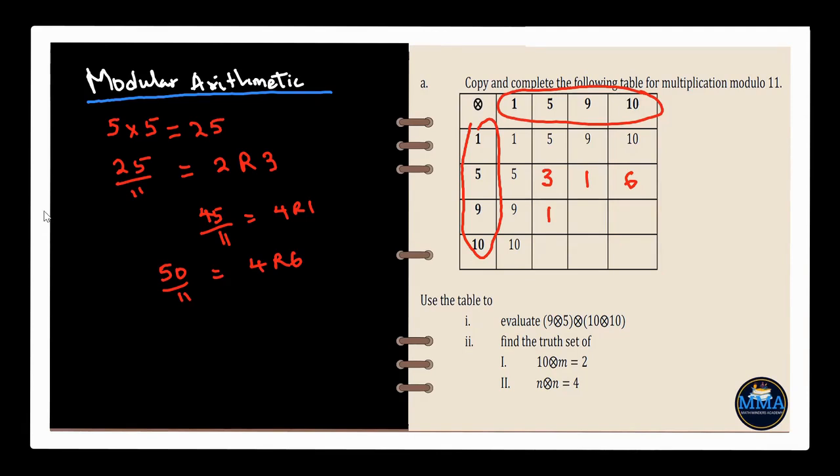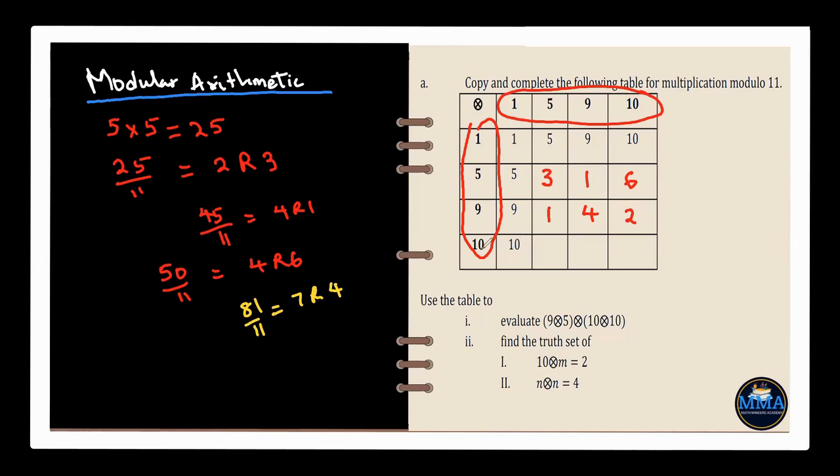Let's write that down. In 81, we divide by 11, it's going to give us 7 remainder 4, because 77 plus 4 is 81. So we take the 4 back to the table. Then 9 times 10 is 90. Of course, 11 can go in 88, 8 times. So in 90, there will be a remainder of 2.